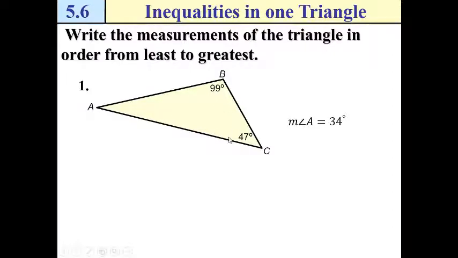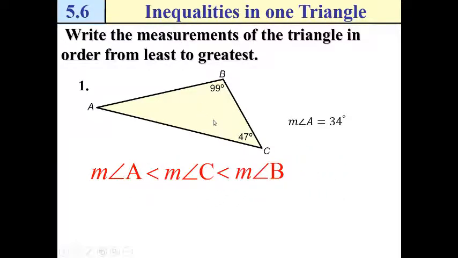According to the angles, we can put them in order from the least to the greatest. The least angle is angle A, after that angle C, 47 degrees, and the last one, angle B, 99 degrees. We can put the sides in order according to the given angles.